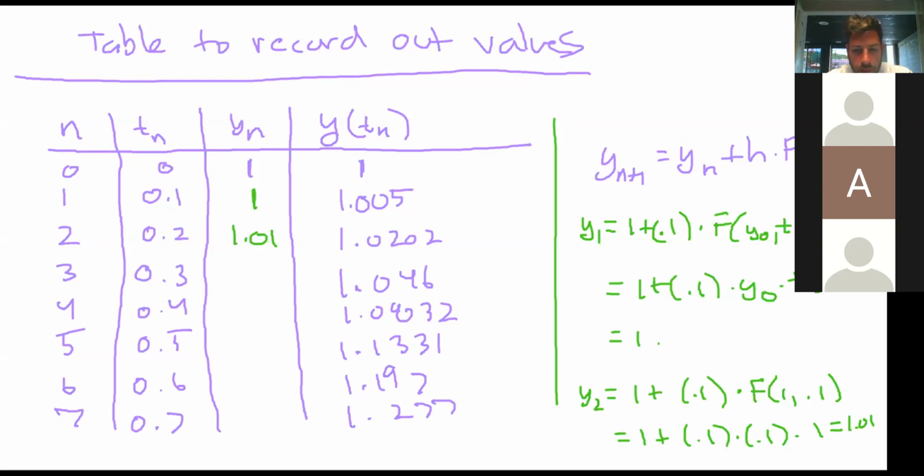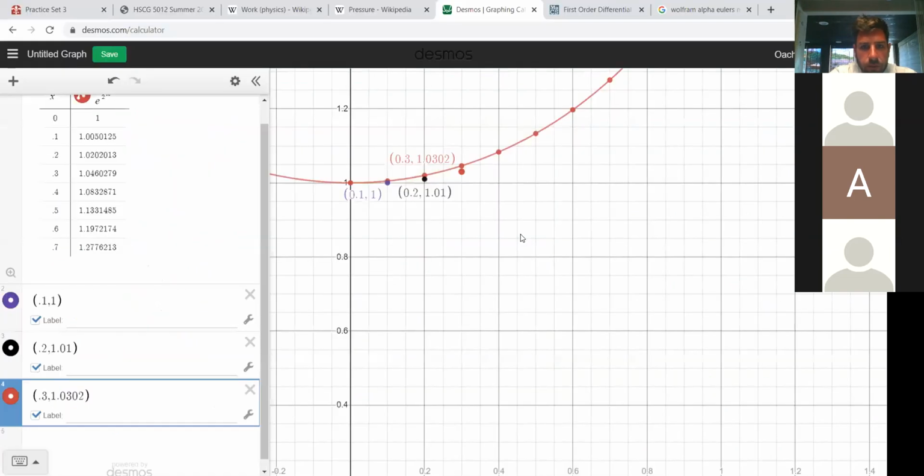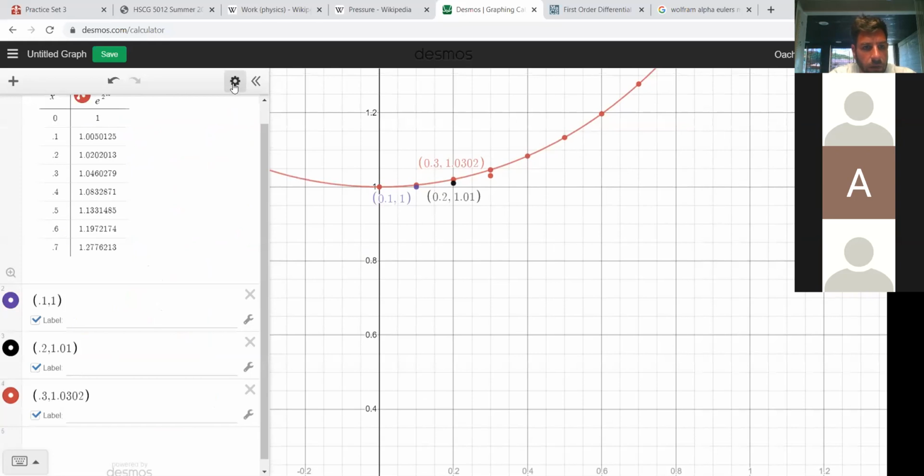I'm going to type a couple things in here. So if I go and share this Desmos thing, let me change the colors here. Let's make these all purple.